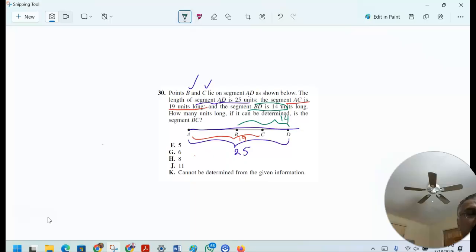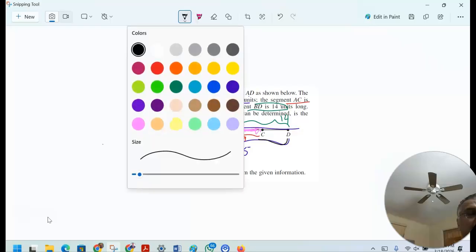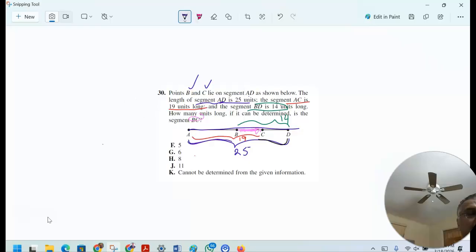And the question asks, in pink color, what is the segment BC? It means from B to C. How much is this pink part? Now you can do it in your own way, but I like to show my way. Because AD is 25, from 25 you take away the red one, which is AC.